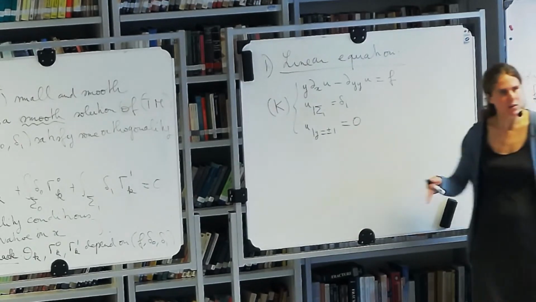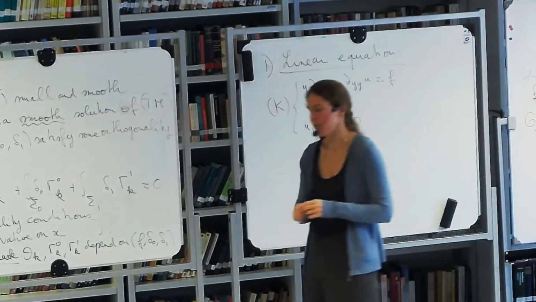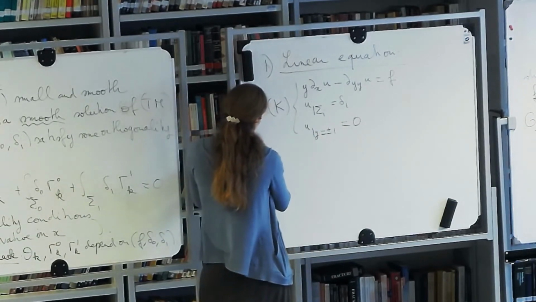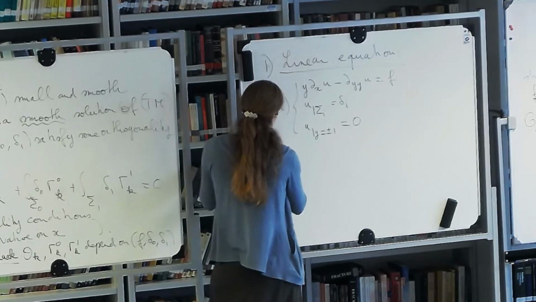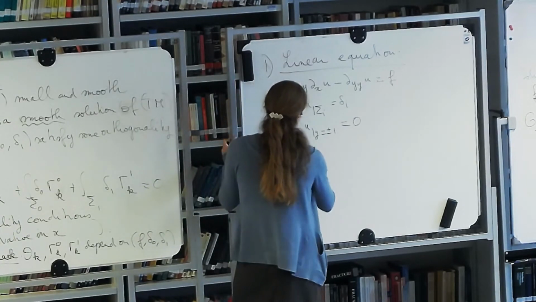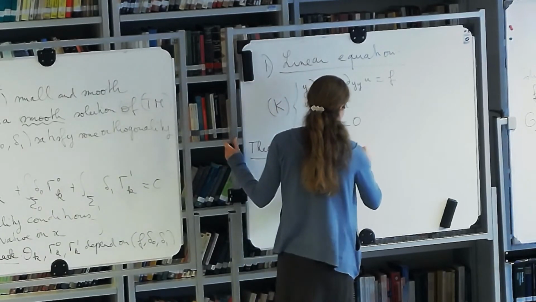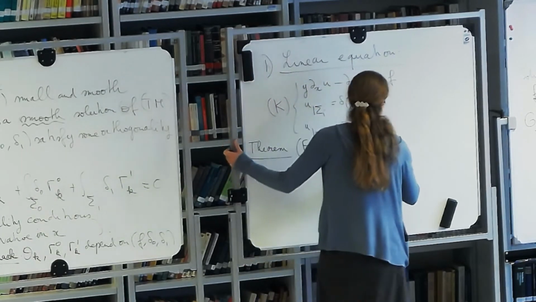So again, there was a lot of stuff that was known about this just linear PDE. And so the theorem, here I'm gathering some results by Fichera, by Pagani, and by Baouendi and Grisvard.